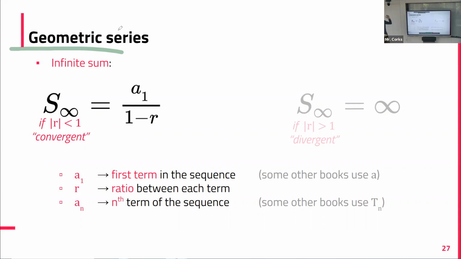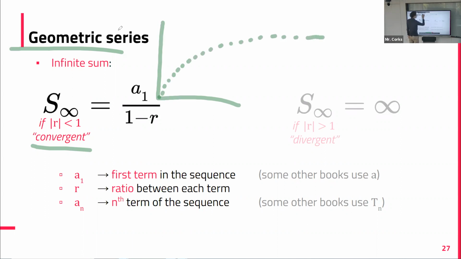It can be for some other types too. This is called a convergent series because the result converges, gets closer to just one thing. If we had this on a graph, then the pattern would be like this, and then there would be some line, and it would just get closer and closer to that line.